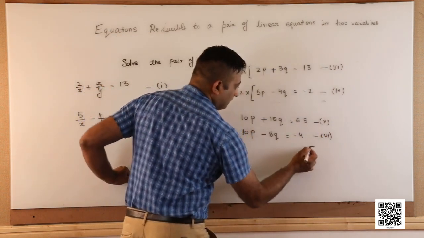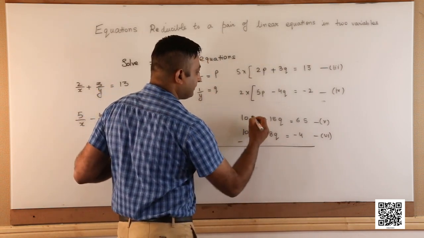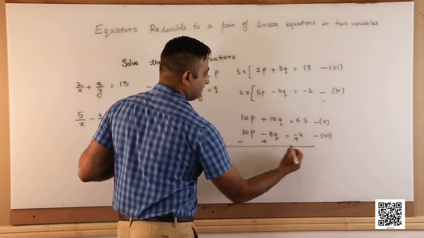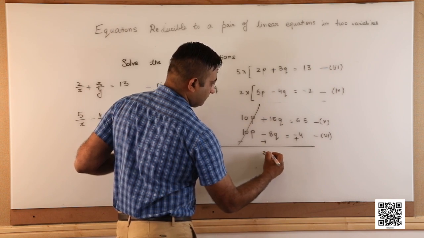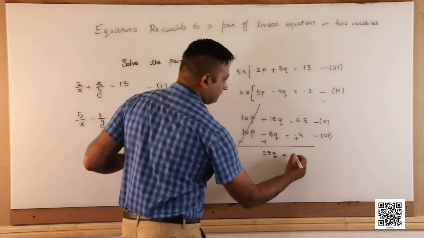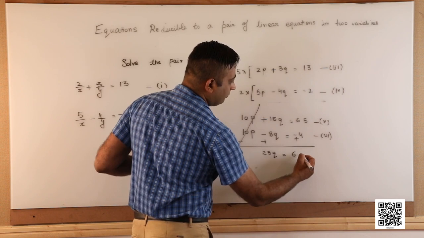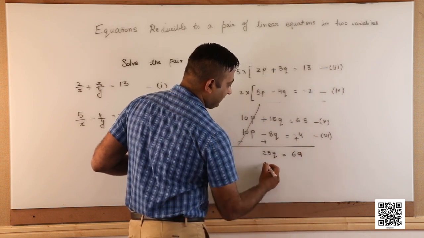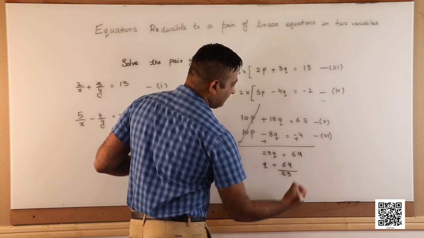Now, let us eliminate p from these equations. This will become 23q is equal to 69. That means q is equal to 69 divided by 23.